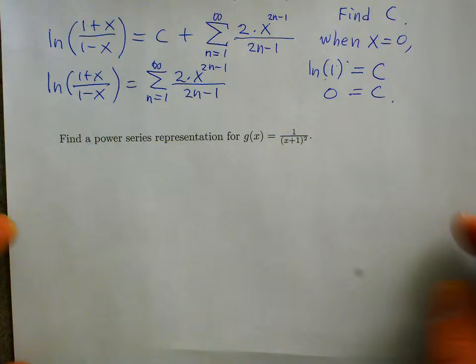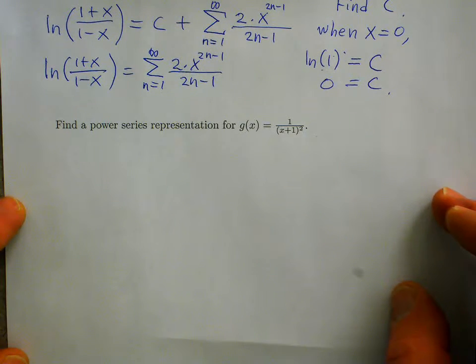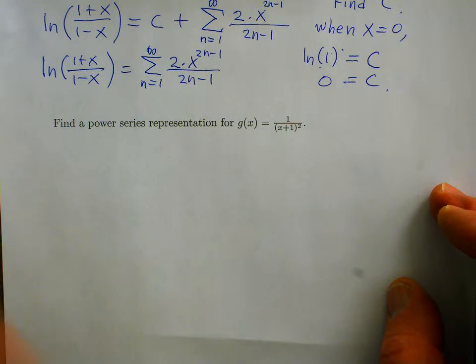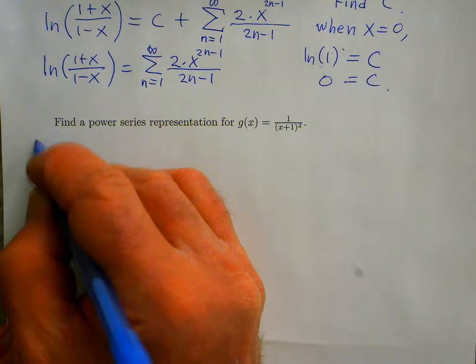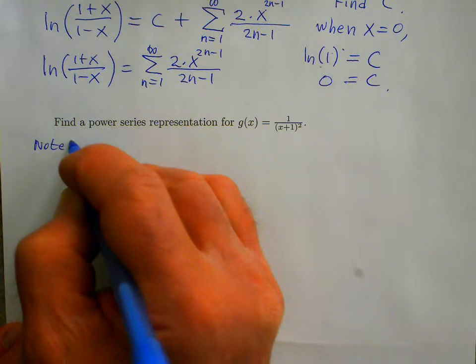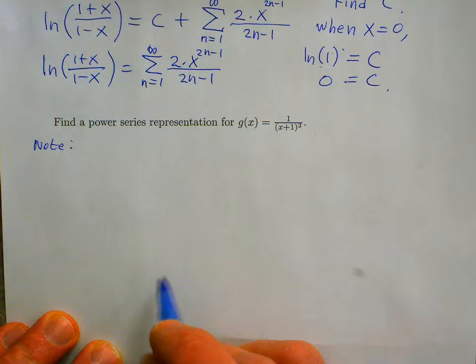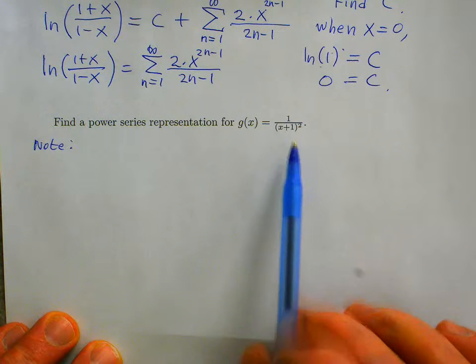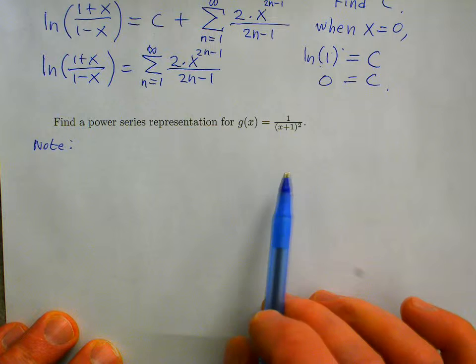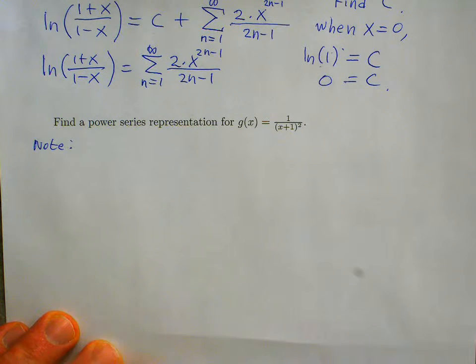There's less than 3 minutes left. Are we going to just multiply the two series together? You can multiply series, but there might be an easier way.